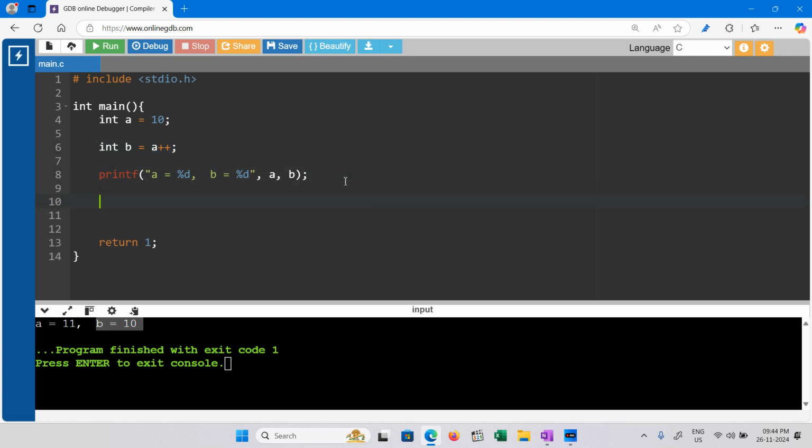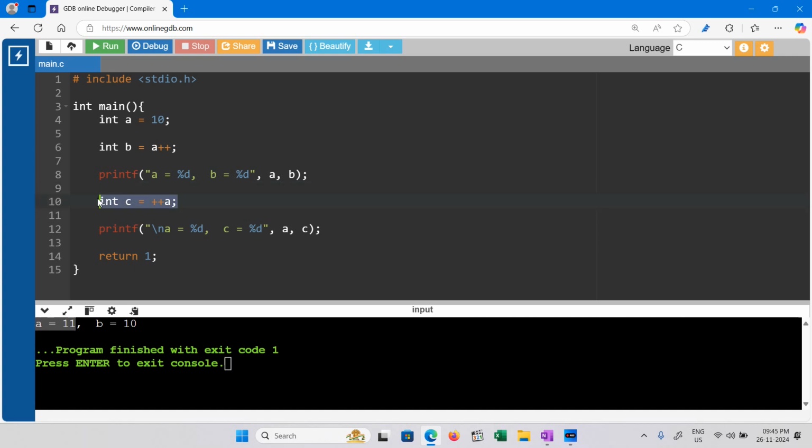Now suppose I take integer c equal to plus plus a, now what will happen? Let me copy this line, and now here instead of b we'll have c. Now careful, by that time the value of a is 11, right? Now we are doing pre-increment.